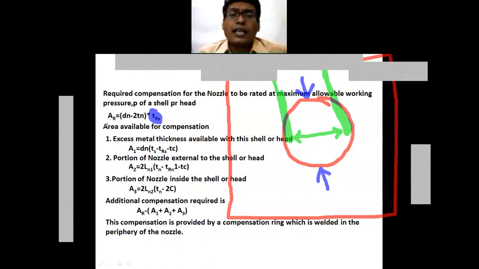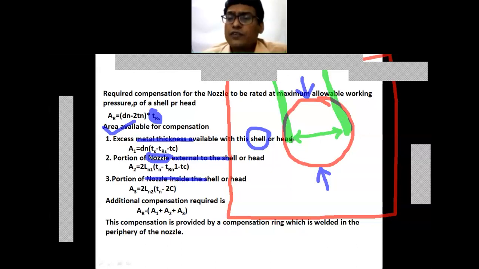The area available for the compensation is, one, from the metal thickness available with the shell or the head, and the nozzle itself has the excess area: the portion of a nozzle inside the shell and external to the shell.